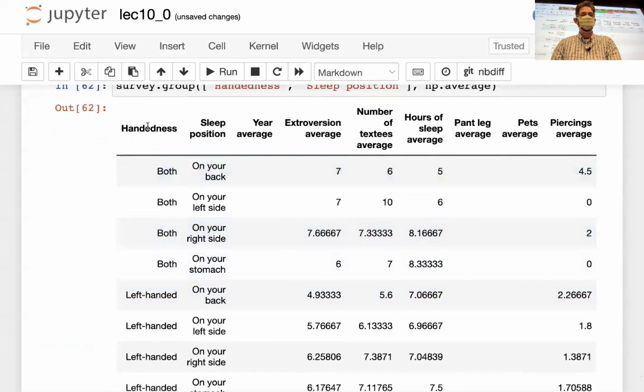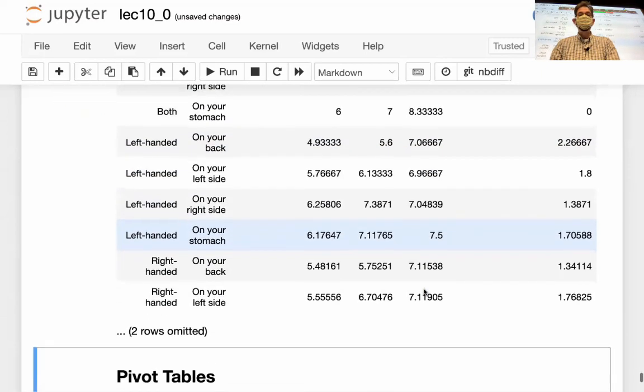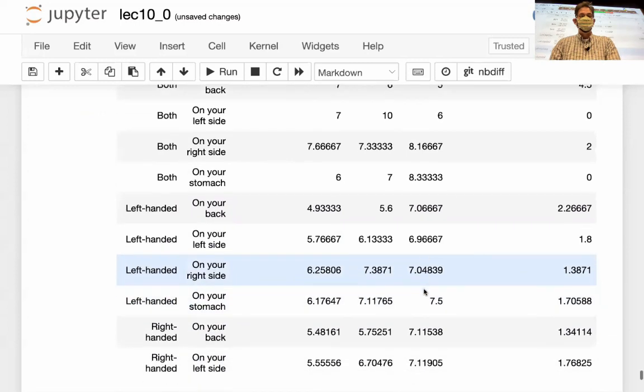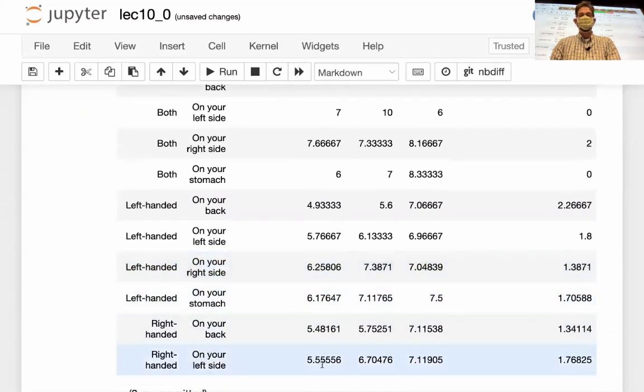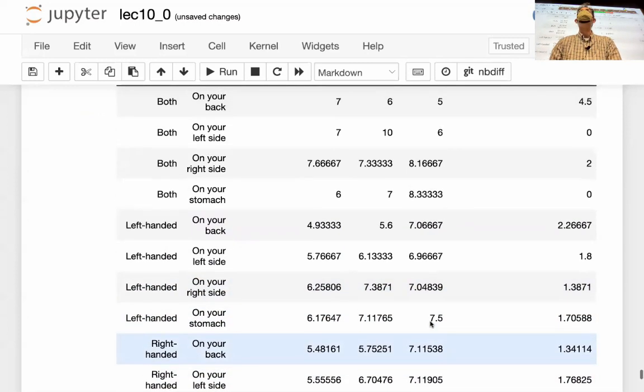Every combination of handedness and sleep position. Now I know their average extroversion, their average number of textees, their average hours of sleep. So maybe with this table, you could ask questions like, if you sleep on your dominant hand, do you sleep longer or less long? That's the kind of thing we're after here.